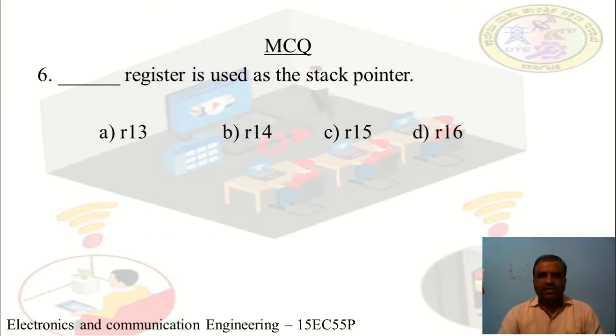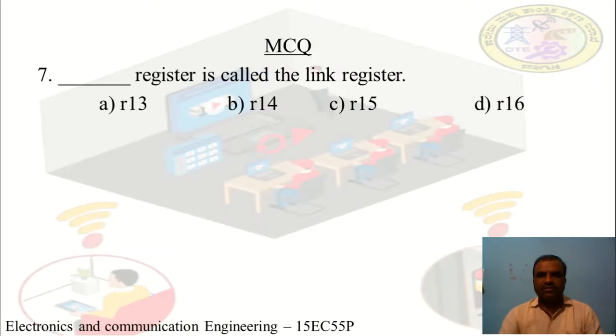Sixth question, dash register is used as the stack pointer. Option A, R13, option B, R14, option C, R15, option D, R16. The correct answer is R13 register is used as the stack pointer.